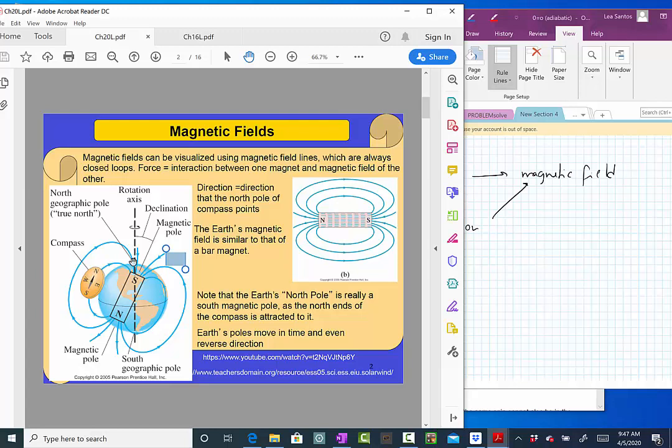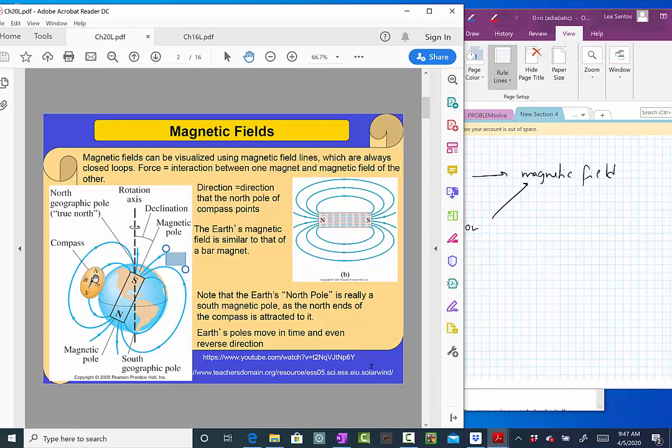Well, because how do we talk about the geographic north or the geographic south? We use a compass, isn't it? And what is the compass? On the compass, we have this needle. This needle is itself a magnet. Okay?